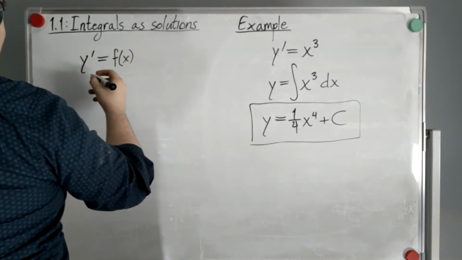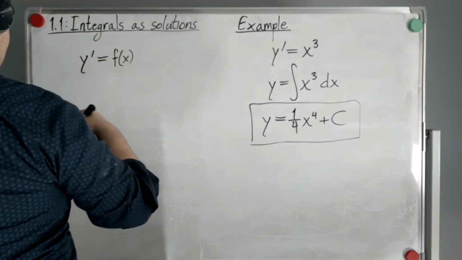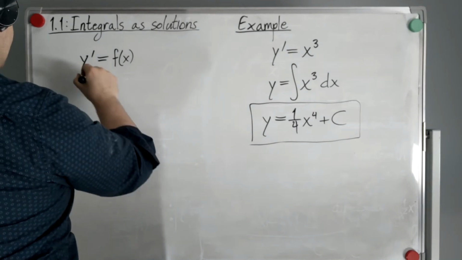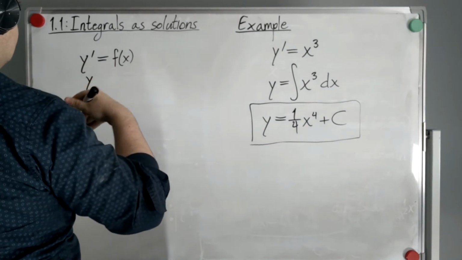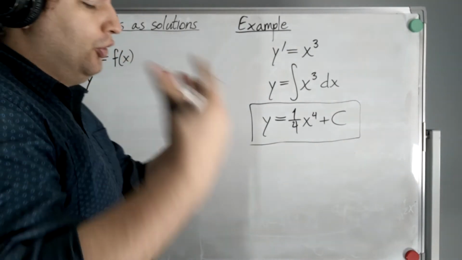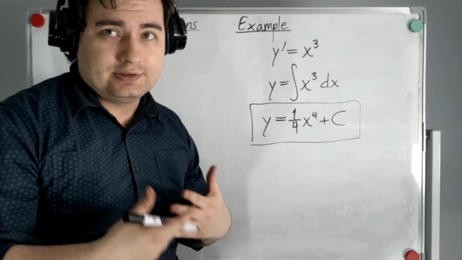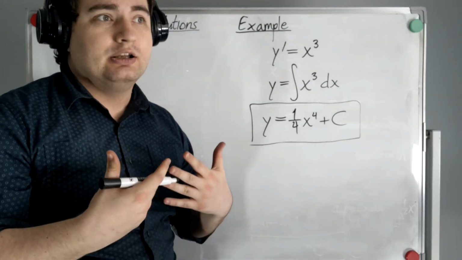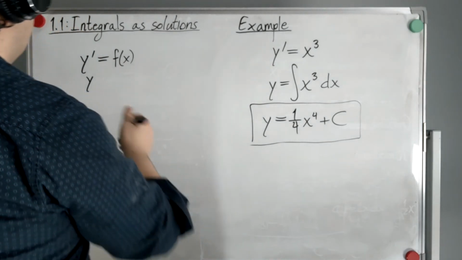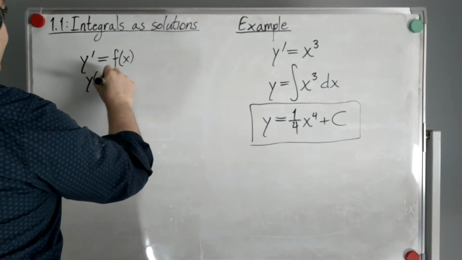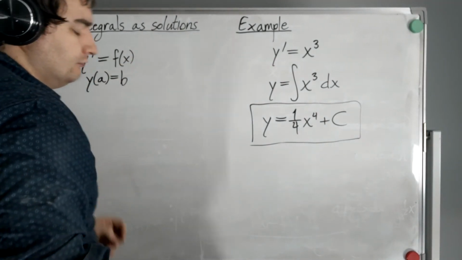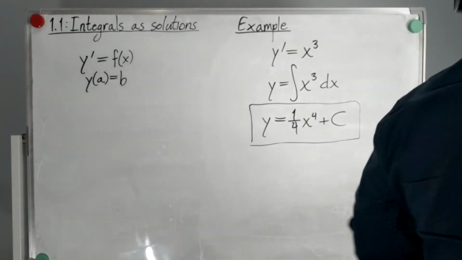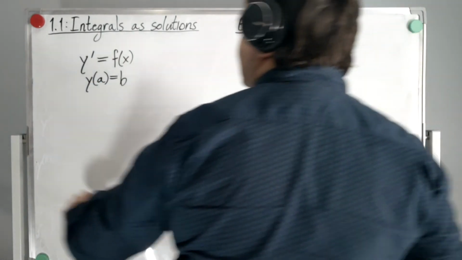For right now, these look like a differential equation together with some point that has to lie on the graph of the solution, like y of a equals b. Let's look at an example of one of these problems.